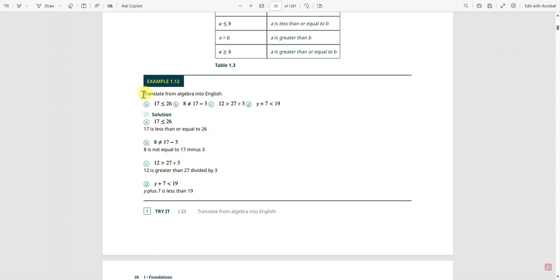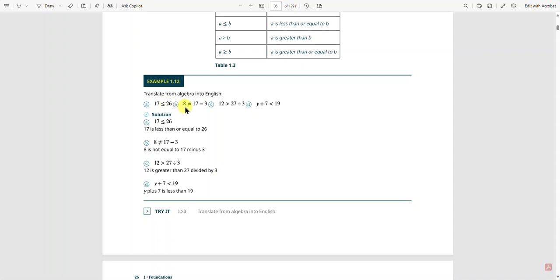You see here that you're asked to translate from algebra as if it was a foreign language into English. You're given this expression as if it's just a foreign language, like you're reading Greek. And we now understand how to read this. 17 is less than or equal to 26.